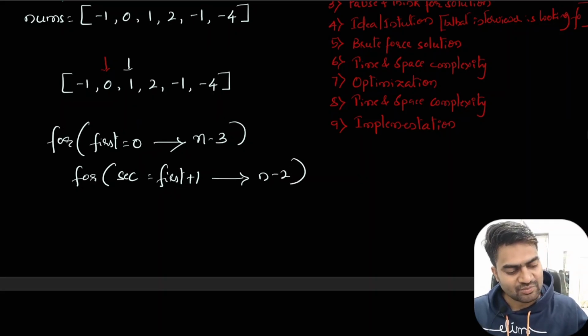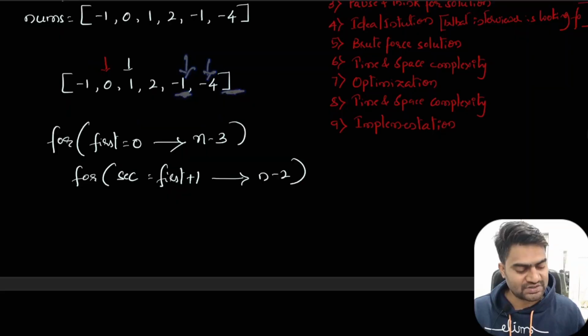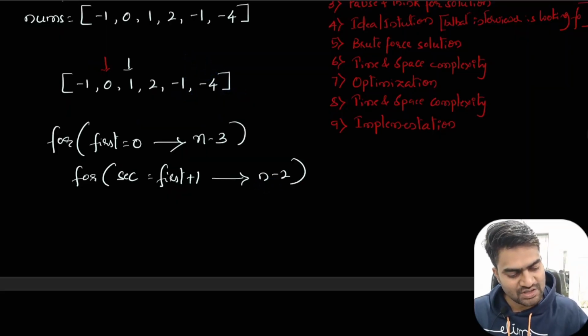Why? Again the same reason as for the first pointer. If we are considering second pointer, it can iterate till this point. If it goes to this point, there won't be a next number to process. That's why it is n minus 2.